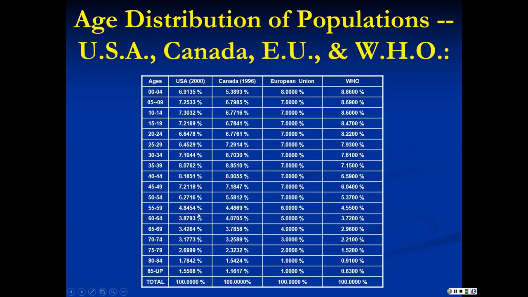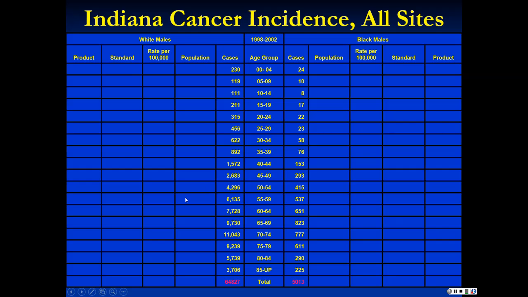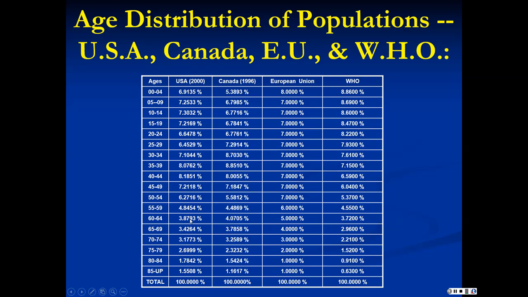By the time you're in the late 40s, it's 7% again, and by the time we get down to our 50s, it's 6%, and by the 60s, it's 3%, and by the time we're over 80, only about 1 or 2% of the population is over age 80 in each of these 5-year age groups.